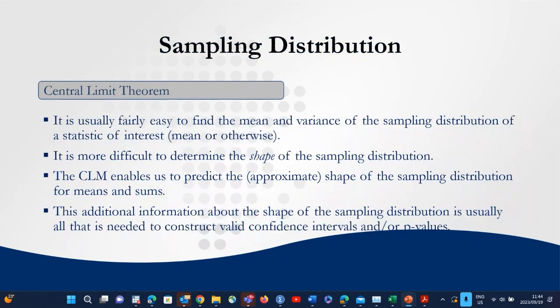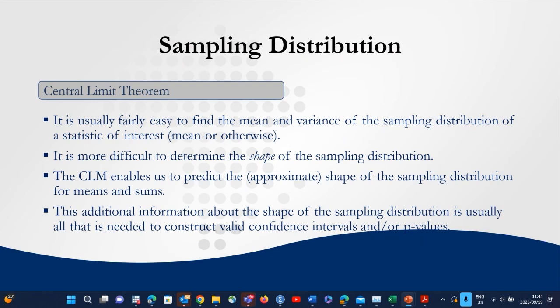So to find the mean and the variance of a sampling distribution of a statistic is easy. What is difficult is the shape of the sampling distribution. And the central limit theorem enables us to predict or approximate that shape.